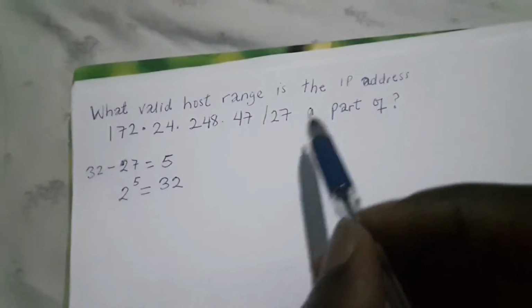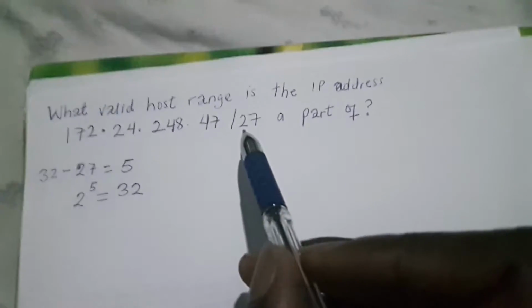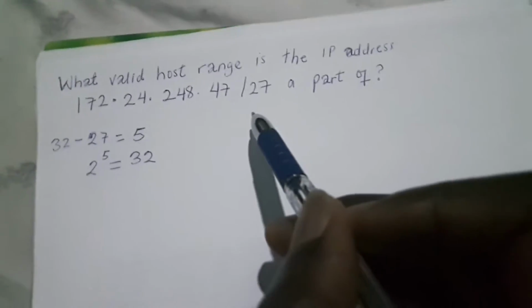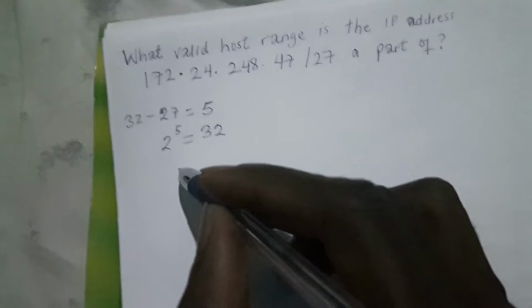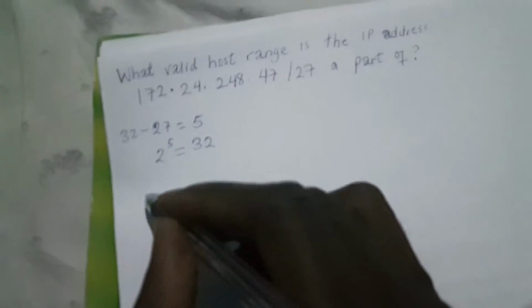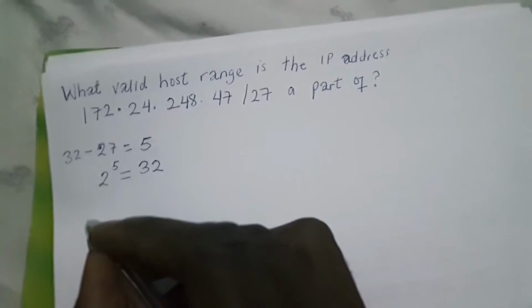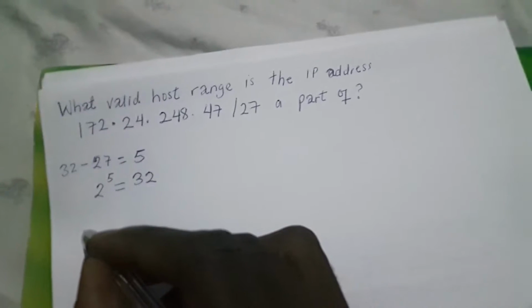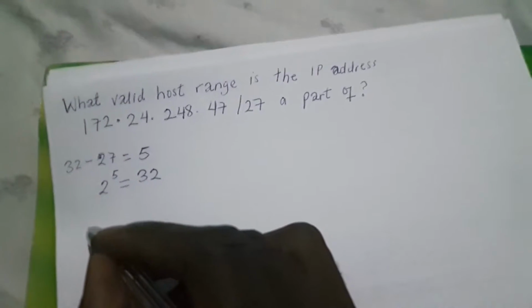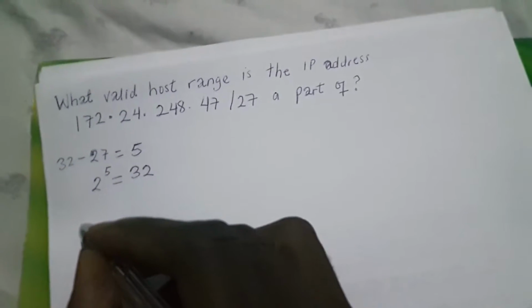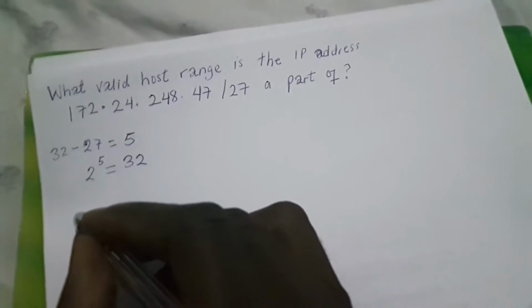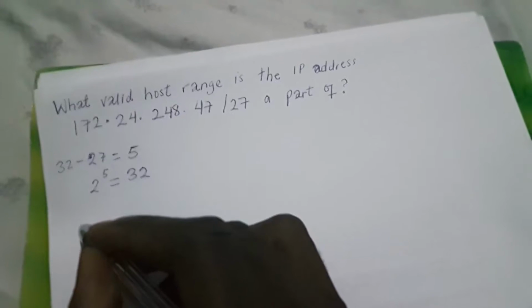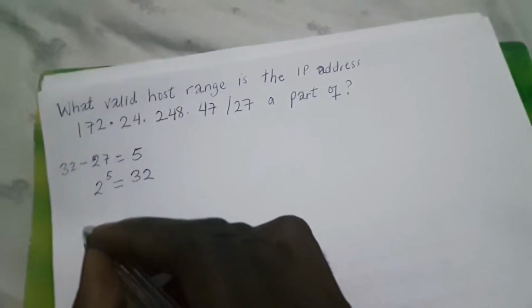We are going to put this 27 into the binary form. And how are we going to do that? The easier way to remember this, I don't want to make things hard, is for you to write 27 as in 1, 27 times.